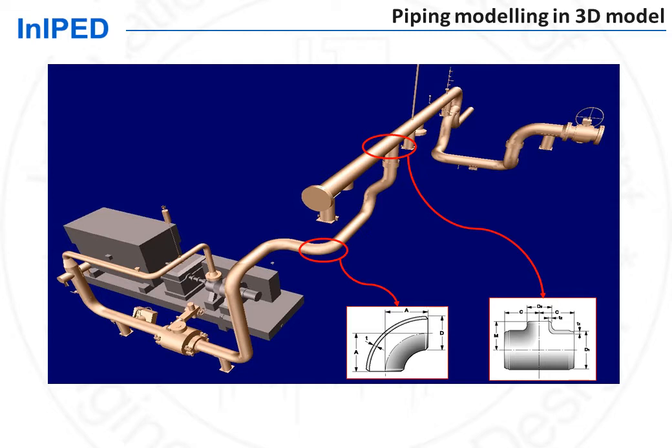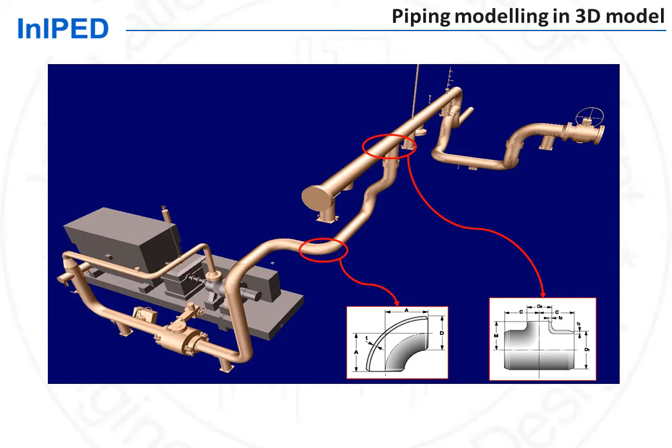However, some items are not standardized, and these include control valves, as well as inline instruments, also pressure safety relief valves. So for these items, the dimensions must be provided by the vendor and must be input in the system.